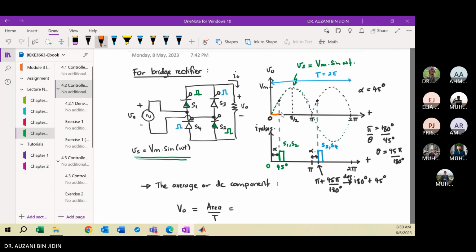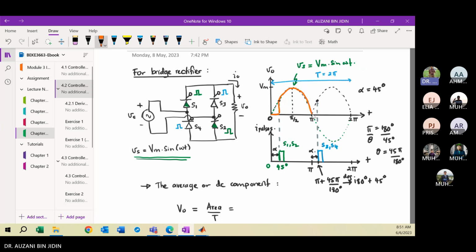Then when you inject the current pulse, these two SCRs, S1 and S2, will be short. So your output voltage will be equal to Vs. So the orange color is your output. Okay, in this case we focus on the R load. The type of the load is only R load.